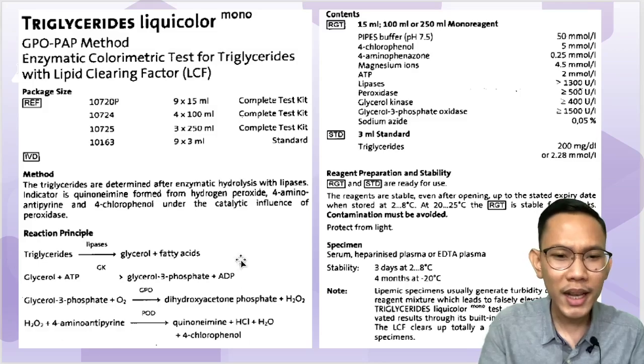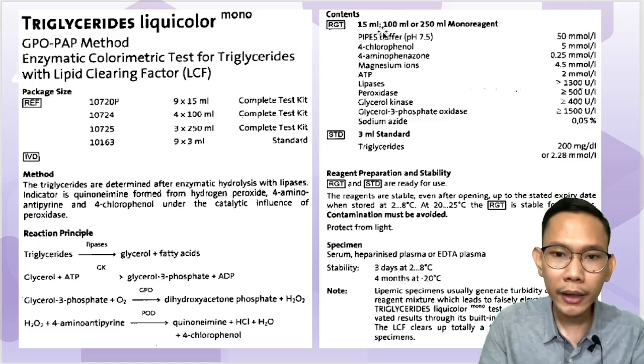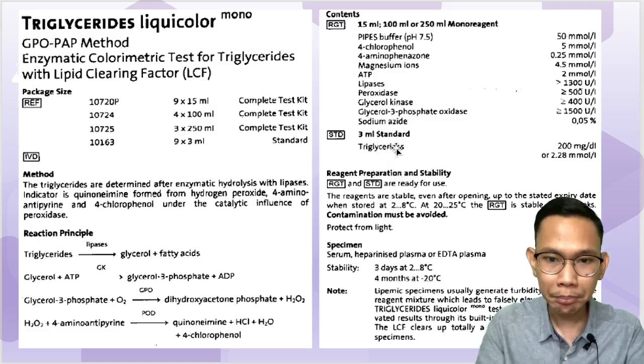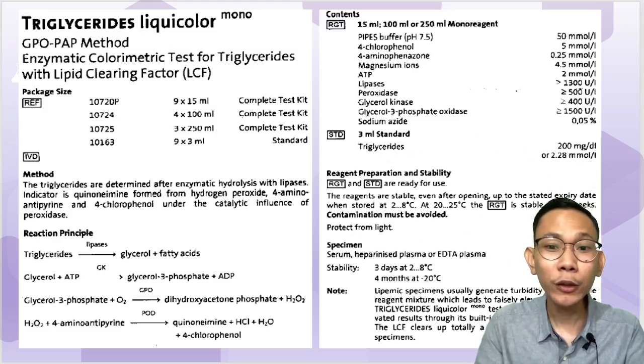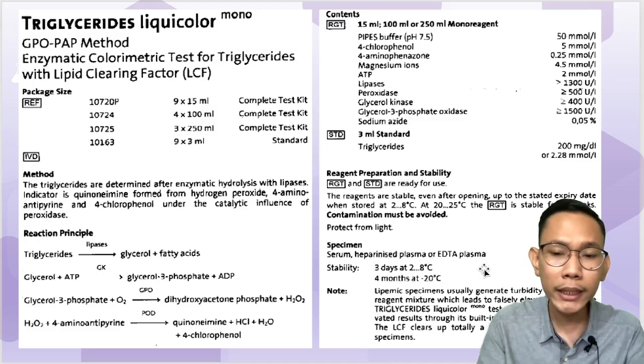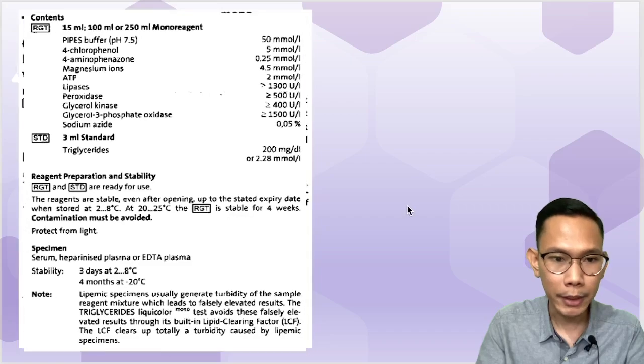Again, no need to discuss this since we discussed it a while ago. And kindly remember the contents, do not memorize these values, just familiarize yourselves with these important contents. Reagent stability, okay? You can take note of this, you can read on that. Specimen is almost the same: serum, heparinized plasma, or EDTA plasma.